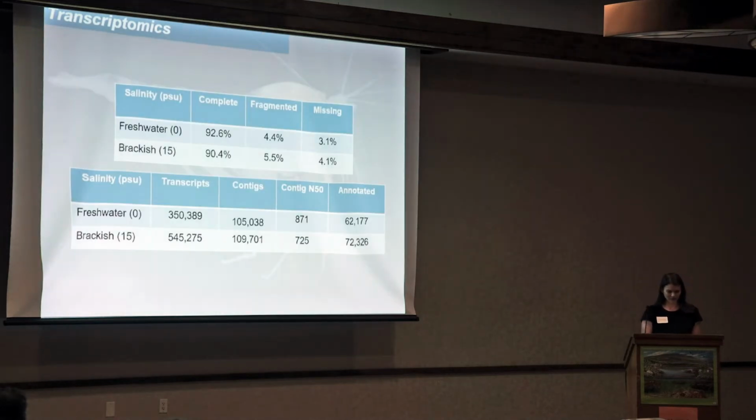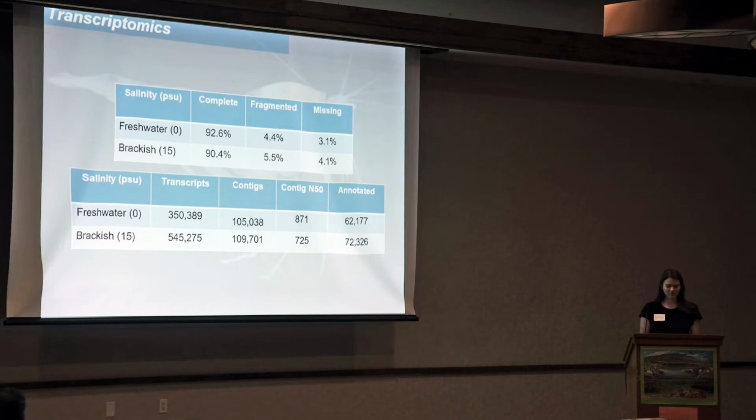To give an overview of our data, for the freshwater we started out with about 350,000 transcripts after the de novo assembly, and after the protein coding identification step we had 105,000 contigs with an N50 of 871, meaning at least 50% of those contigs had at least 871 base pairs.